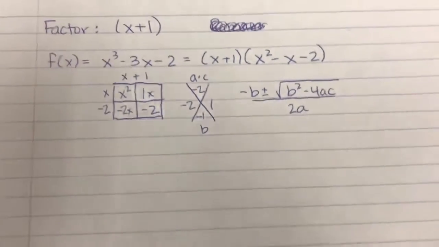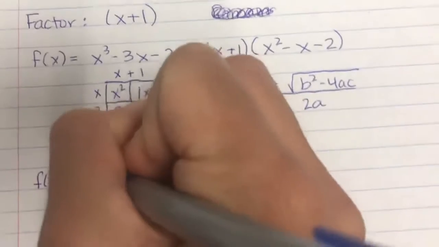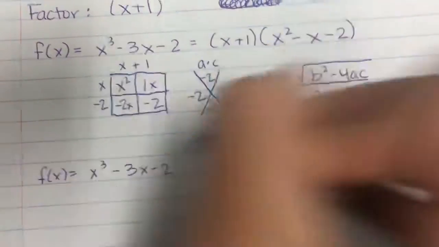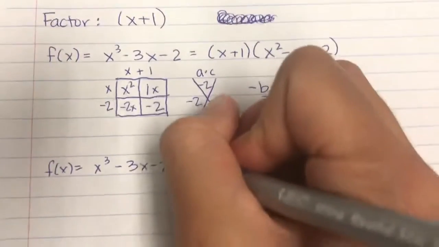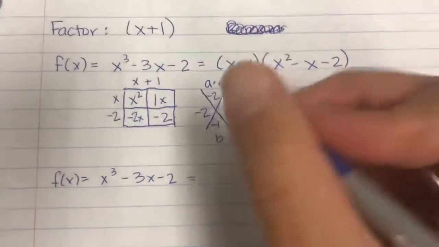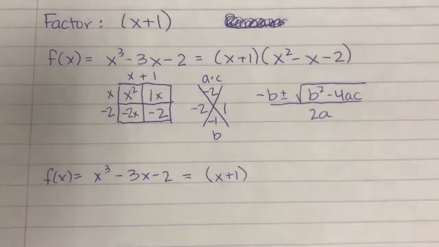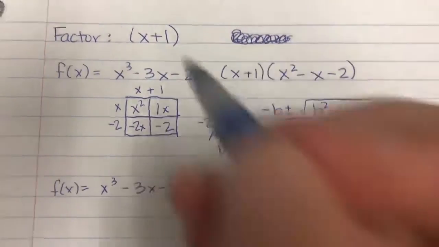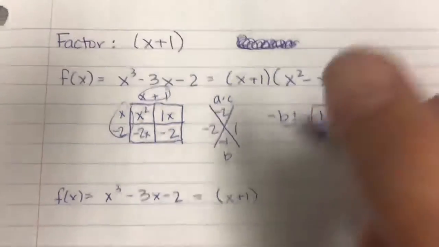And so now I'm done factoring. Now I can rewrite my original polynomial as the three factors that we've carefully taken out bit by bit. The factor that we got using synthetic division, and then the two factors that I got using my generic rectangle.